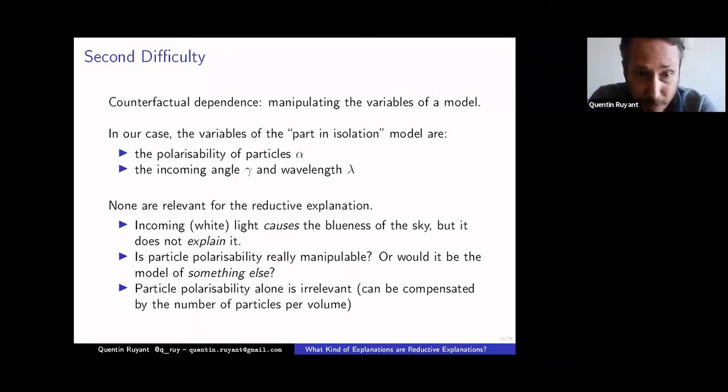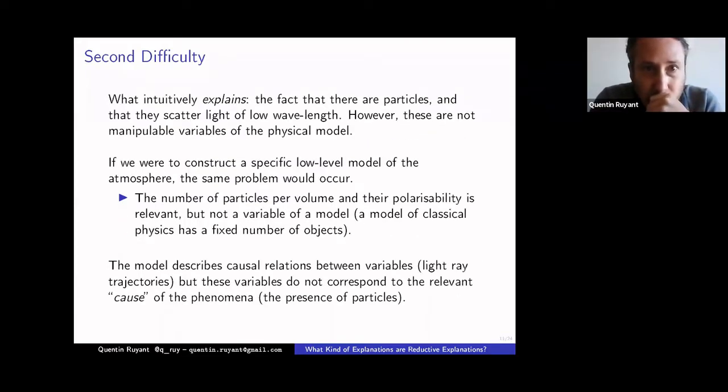Basically, the particle polarizability will only change the amount of light that is scattered. What intuitively explains the fact that the sky is blue is the fact that there are particles and that they scatter light of low wavelengths. But these are not manipulable variables of the physical model.